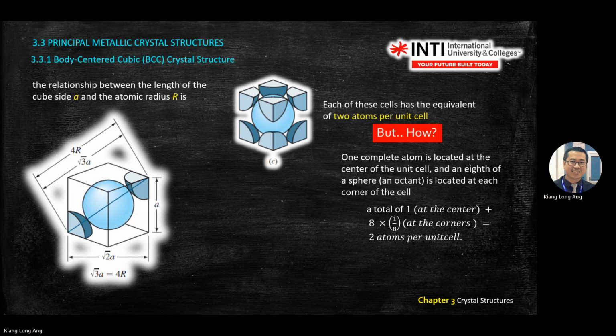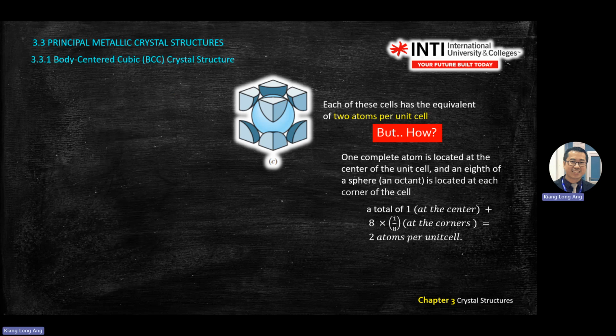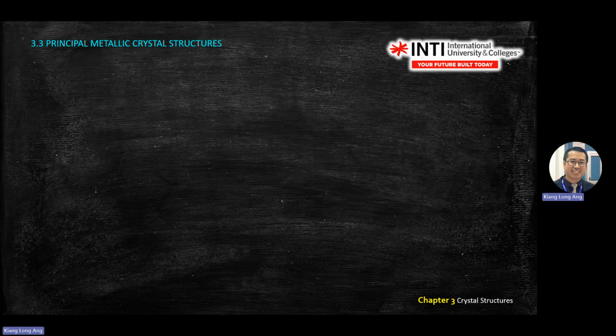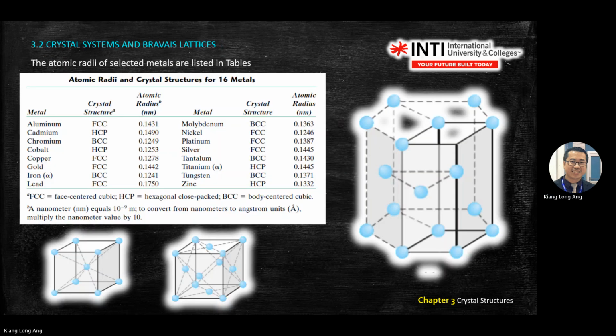Let's say, how do you prove this one is BCC? I go back to the table just now. How do you apply this one? Prove that this one is BCC. If the value of R is 0.142, this one.